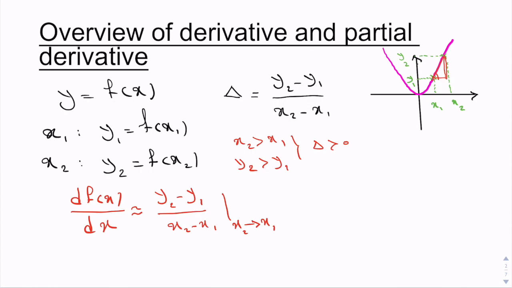These two concepts are used in the gradient descent algorithm. In gradient descent, we have a function which has a parameter, and we want to find the variable that minimizes or maximizes this function.